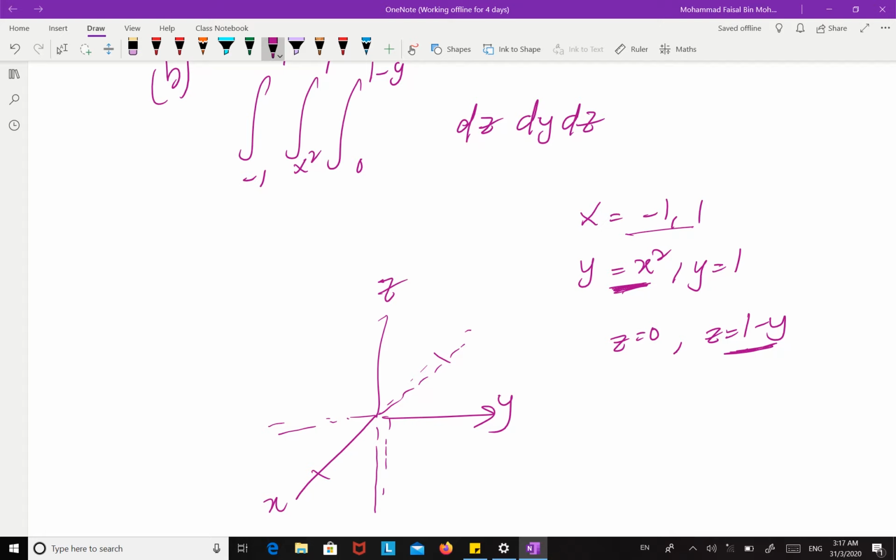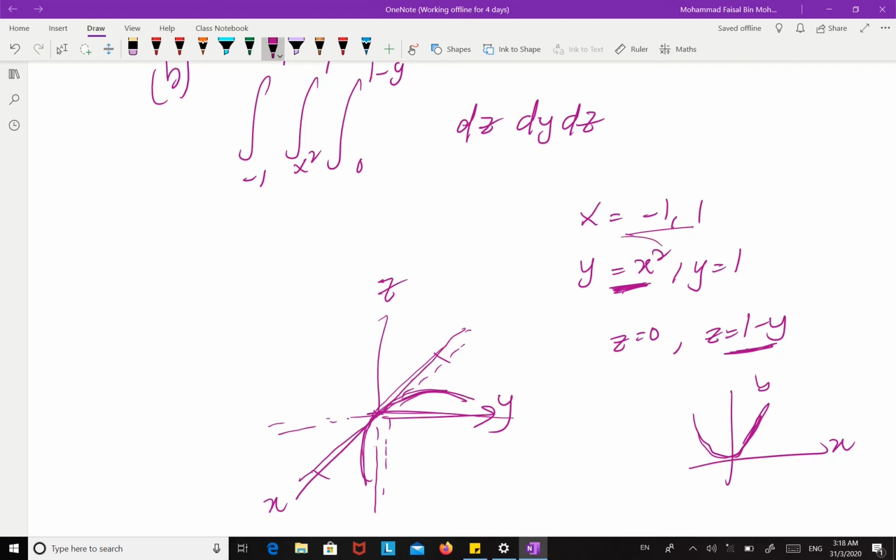Then y equals x squared. See, this is y and this is x. So somehow if I plot y against x, I will get this. Okay, so now my y is this, x is this, so I have to plot somehow like this.